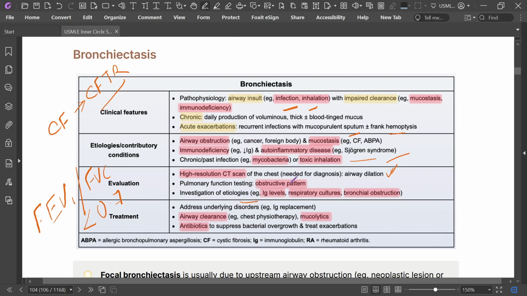Okay, and investigation of the etiologies, like immunoglobulin levels. Any kind of immunoglobulin deficiency can cause this bronchiectasis.